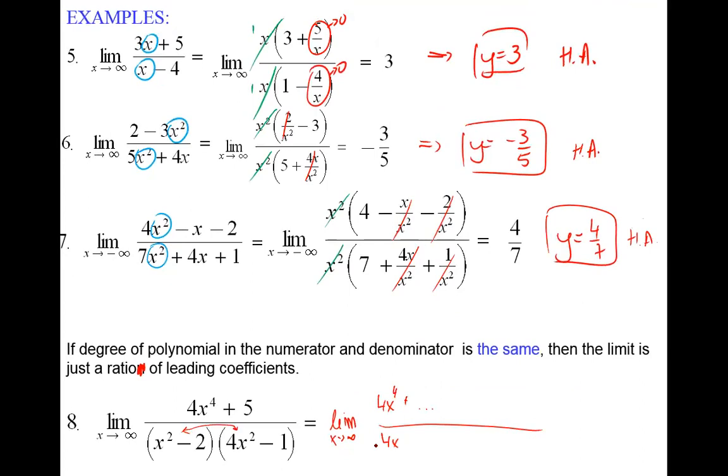If I multiply these two, 4x squared times x squared is 4x to the power of 4. And the rest of them will be with the lower power. And it's the same degree, 4 over 4, the ratio of the leading coefficients, it's of course 1. Okay, that means please be really, really careful. Right? Okay, let's keep moving.